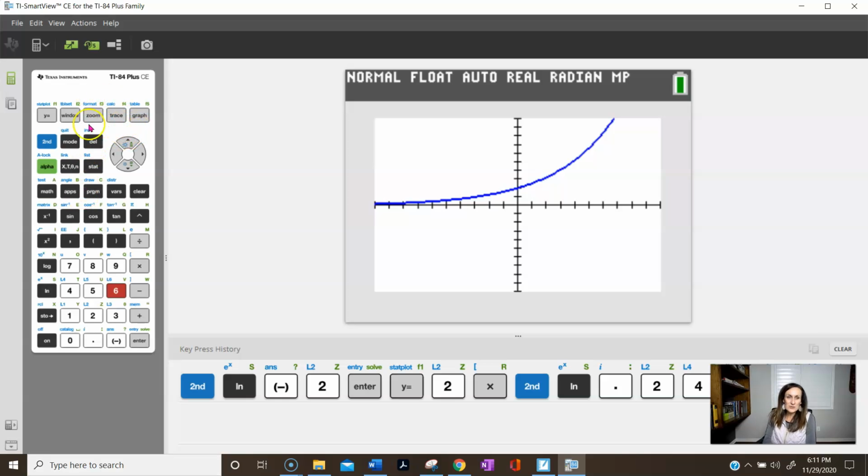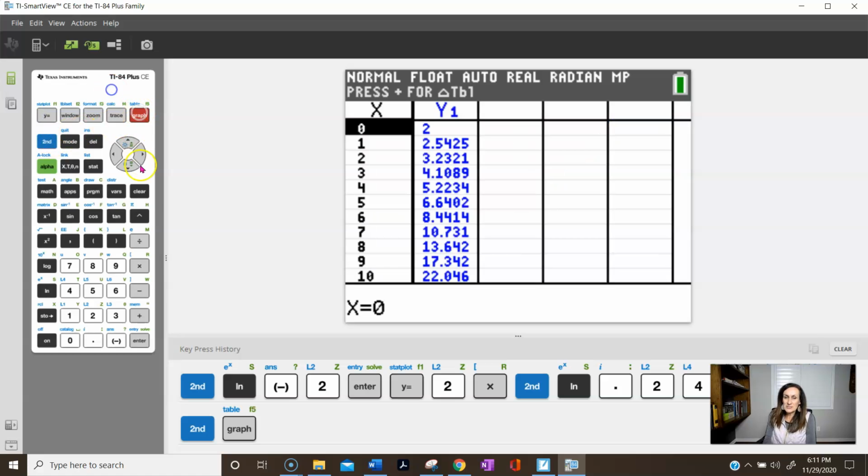Now you can go to second and then graph, which is table, and it's going to give you some values. So 1 is 2.54, and -1 is 1.57.